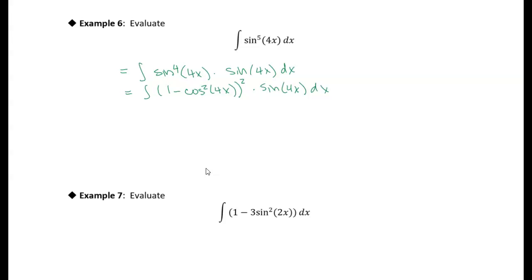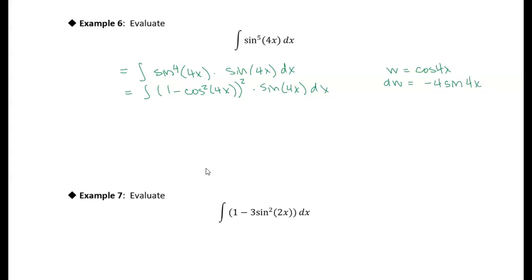Okay, so now I'm going to do the substitution because it'll be a lot easier to write everything in terms of the variable w. So I'm going to say w is equal to cosine of 4x. Okay, and that means that dw is equal to minus 4 sine of 4x dx.